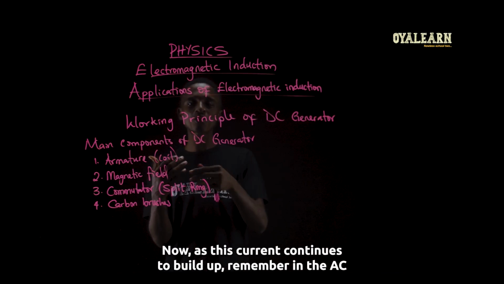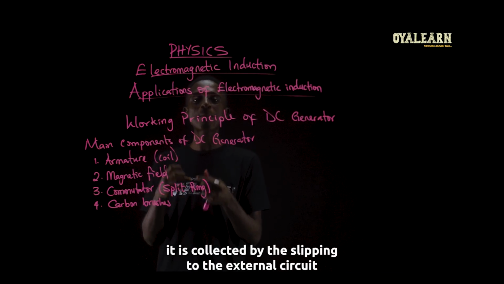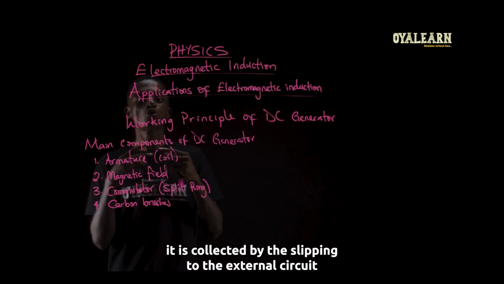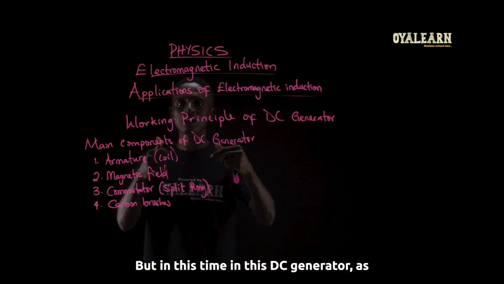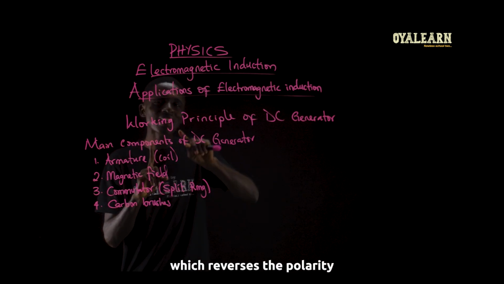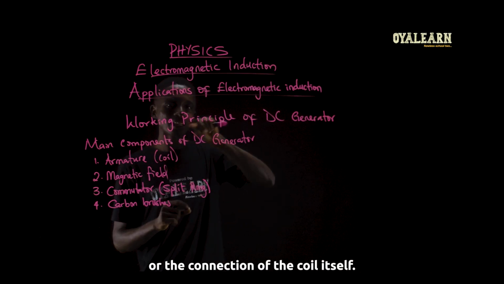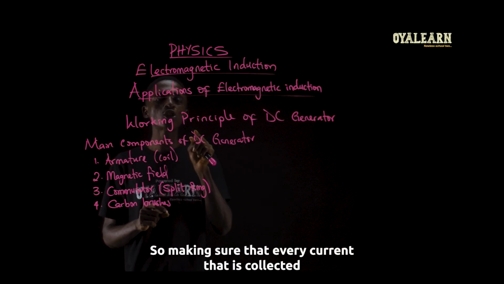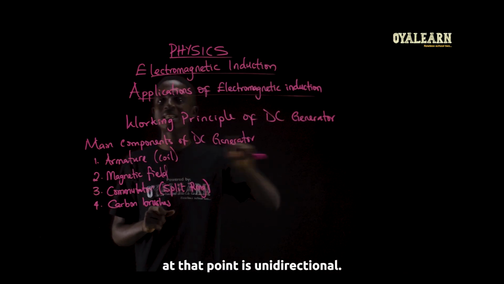Now, as this current continues to build up, remember in the AC, it is collected by the slip ring to the external circuit. But in this DC generator, as the current is induced, it goes to the split ring, which reverses the polarity or the connection of the coil itself. So making sure that every current that is collected at that point is unidirectional.